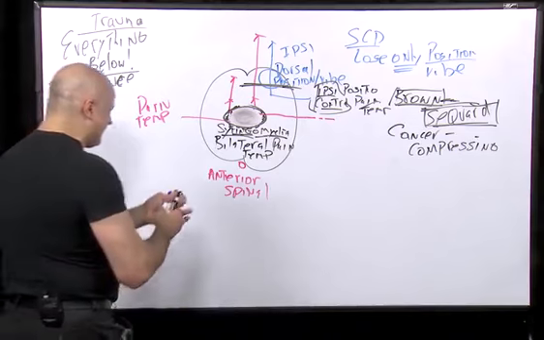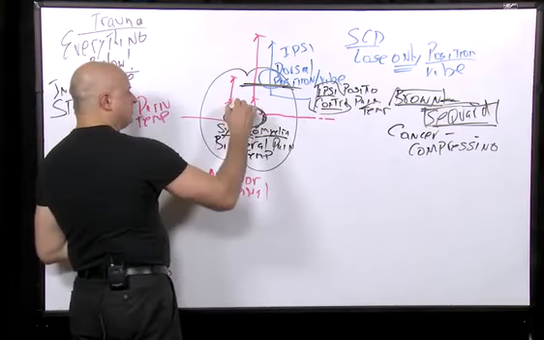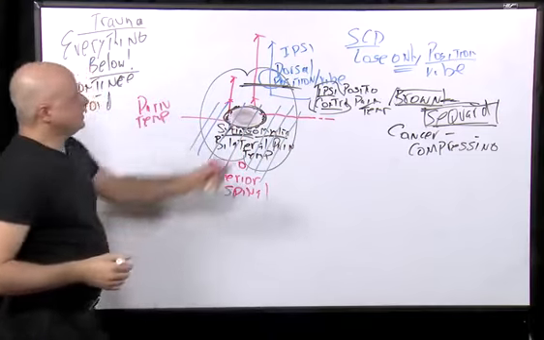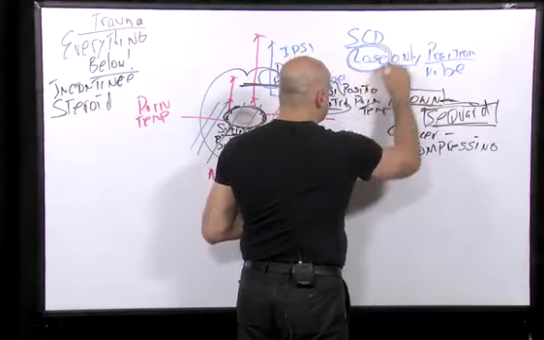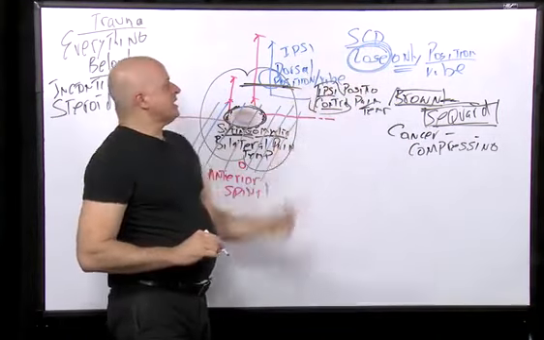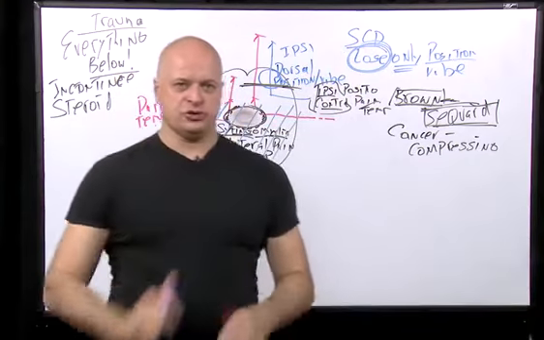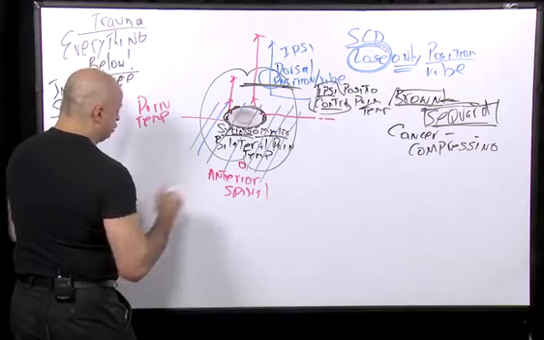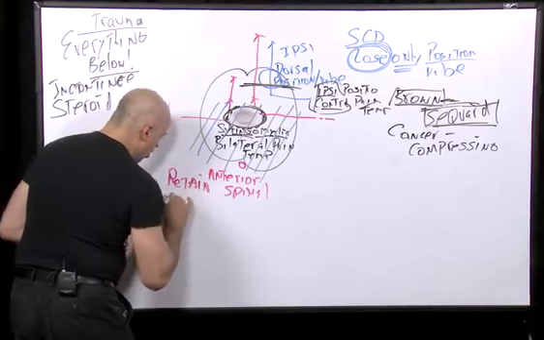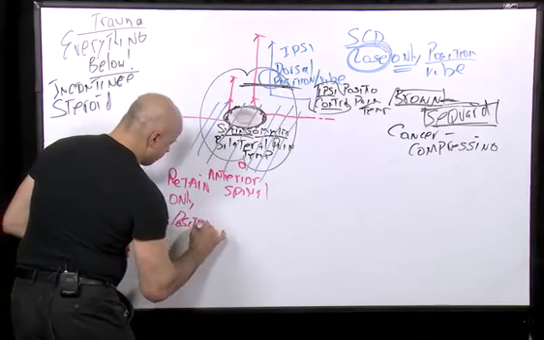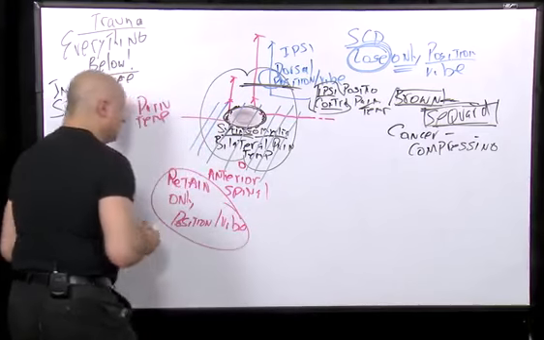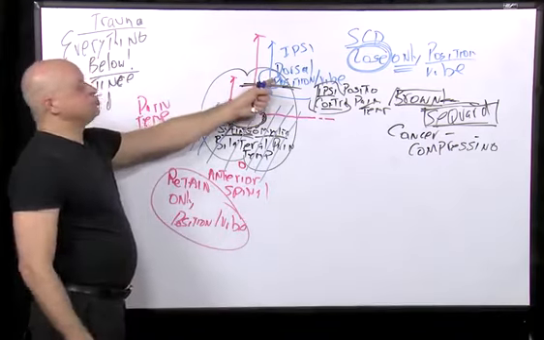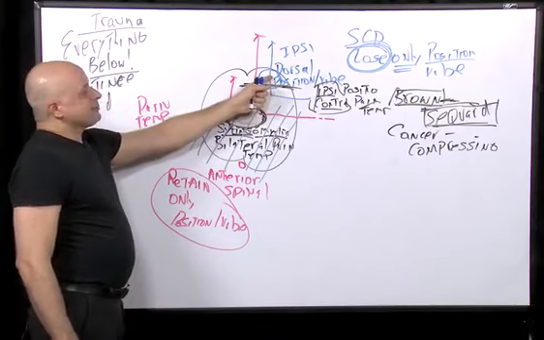Last one, anterior spinal artery infarction. Subacute combined degeneration of the cord, from B12 or syphilis, is where you lose only the dorsal column, you lose only position and vibratory sense.